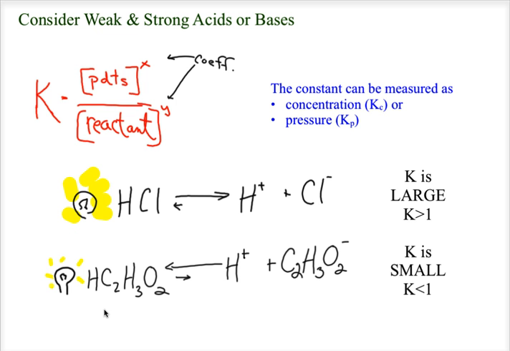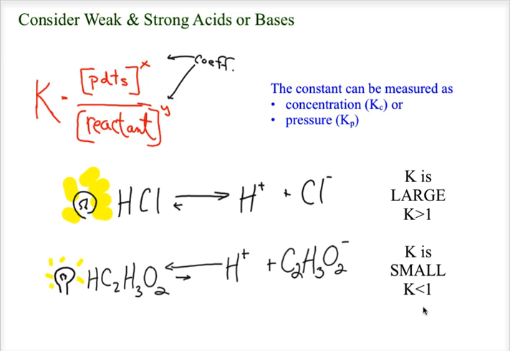Conversely, if you have an equilibrium system where the reactants predominate, then you have a large number in the denominator, small number in the numerator, and so the numerical value of K is much less than 1. K is never a negative number. K is always a positive number.